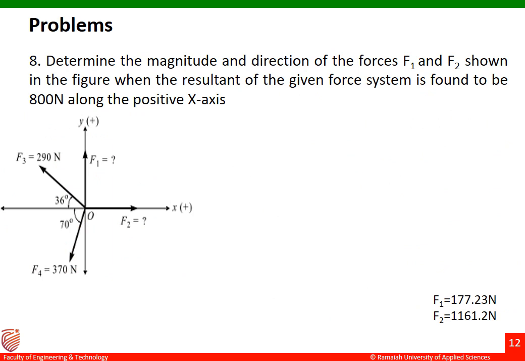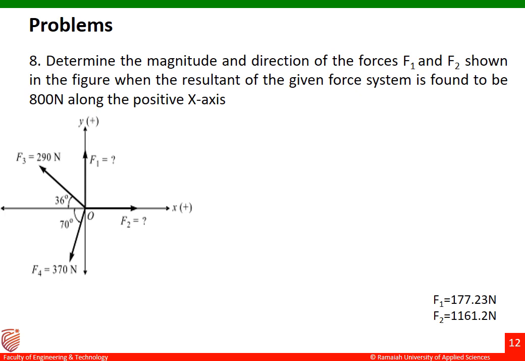Let's go for the eighth problem. Determine the magnitude and direction of the forces F1 and F2 as shown in figure, if the resultant of the given force system is found out to be 800 Newton along the positive x-axis. There are totally four forces acting in the problem as we can see on the screen, that is F1, F2, F3 and F4.